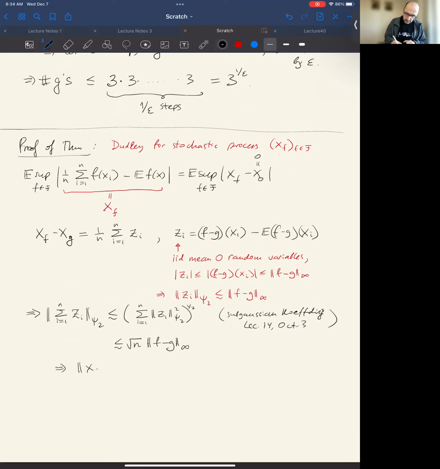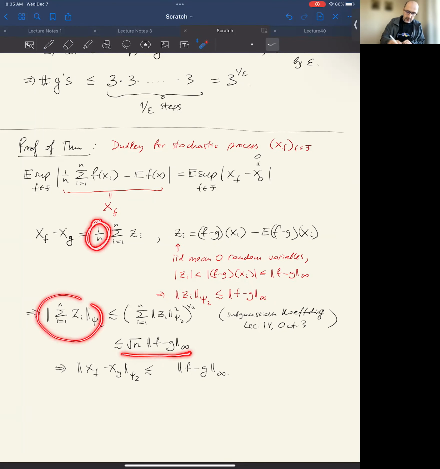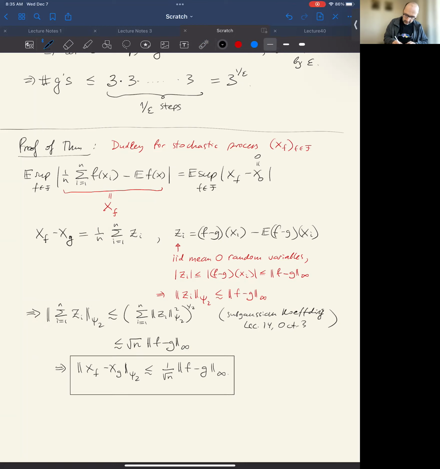So we proved that this process has sub-Gaussian increments that are bounded like this. Actually, sorry, so this sum is less than that. Then we divide by n here. So root n over n gives us 1 over root n. Okay. So this is true for any f and g in the class.